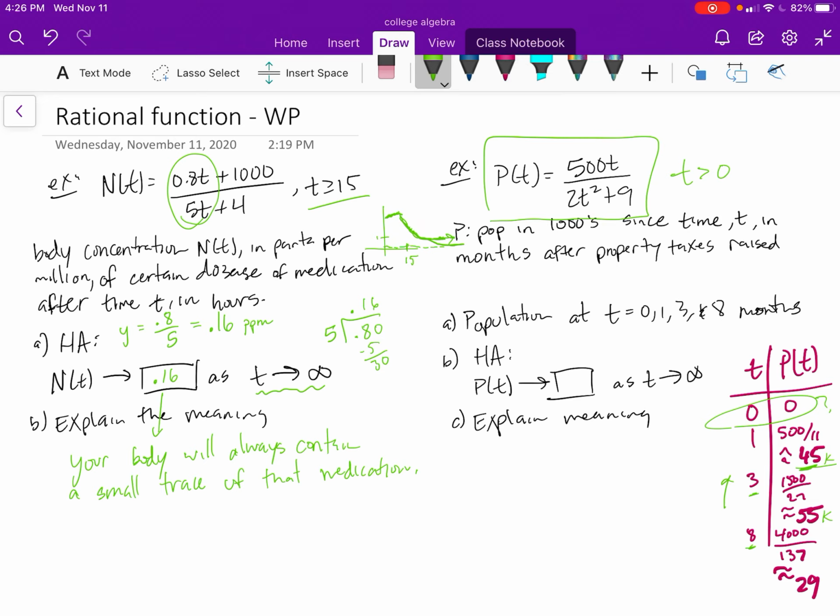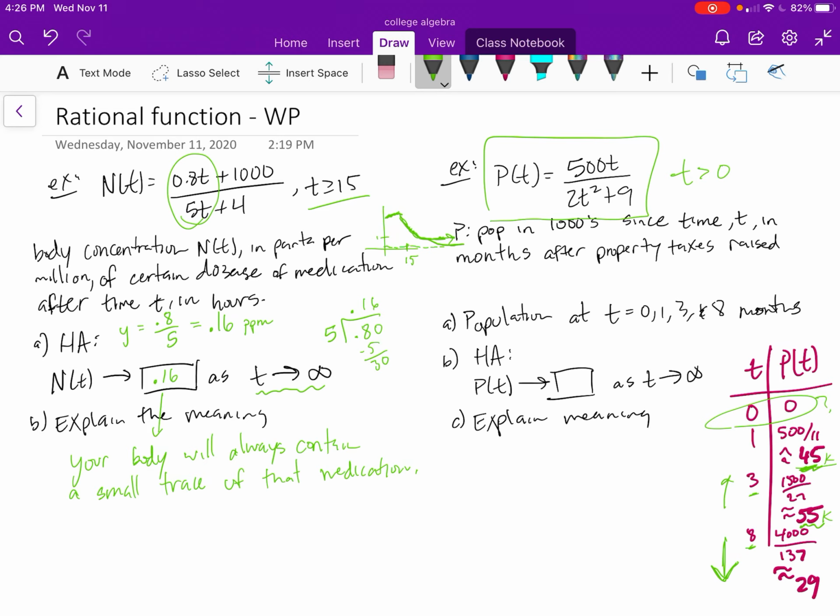Maybe people had bought before the taxes were raised and they were moving in, I don't really know. But by month 8, people were on their way out of here. They were not happy with the property taxes. It must have been raised quite a bit for, what, 26,000. I mean, almost half the population left from month 3 to month 8.